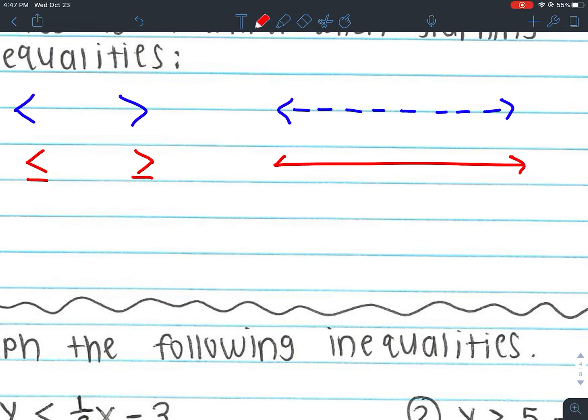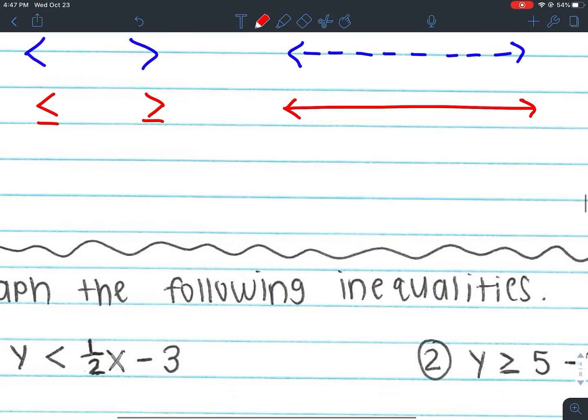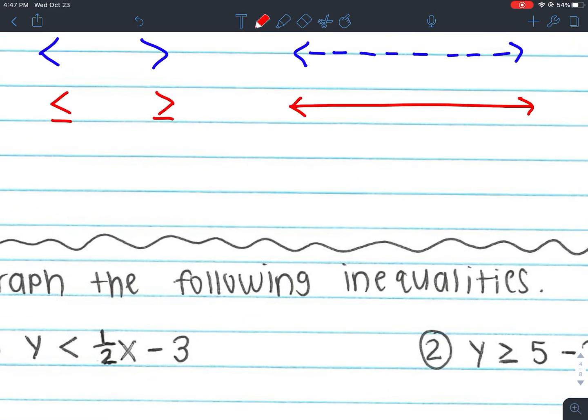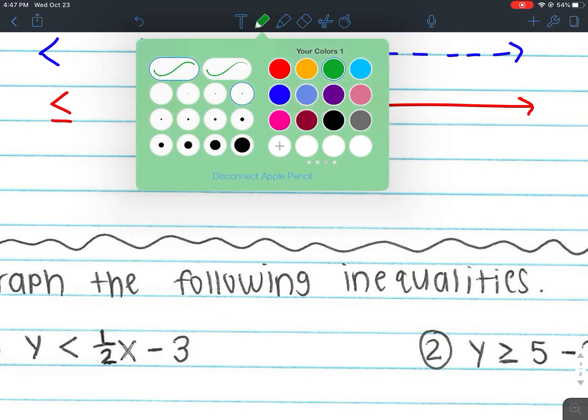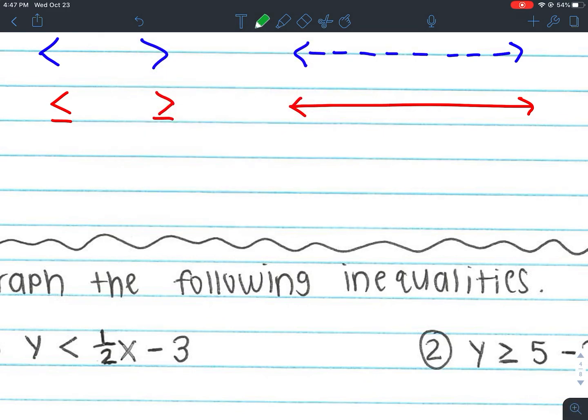So when you graph, you're going to have a solid line. That's a trick that I use to help people remember. If you have a solid line under your inequality, you have a solid line when you graph. So instead of open and closed circles, you have dashed and solid lines. It's just a little bit different. Again, the trick is if you have a solid line here, you're going to have a solid line when you graph.